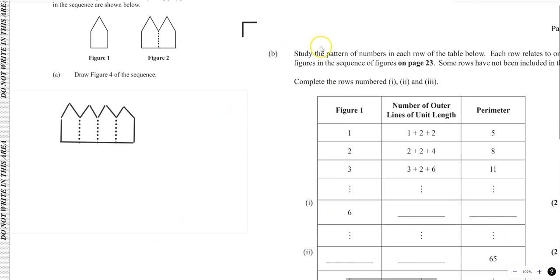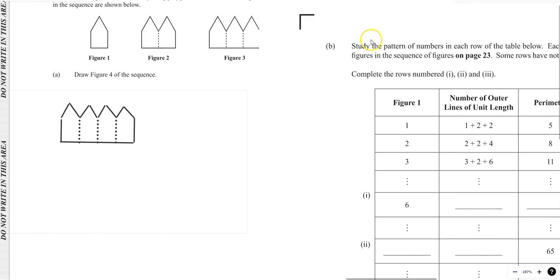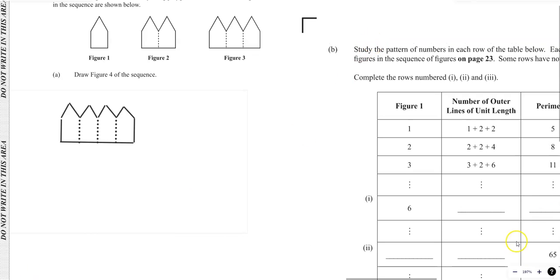We realize that the base of the figure is counting numbers, so we start with 1, then 2, 3, 4. So for figure 6, the nth term would be just n. So figure 6 is just 6, and at the sides we have 2.